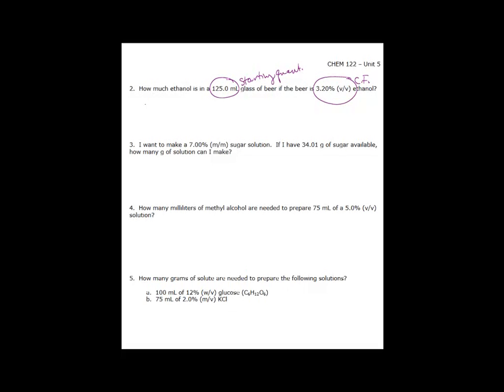So put 125 milliliters of beer over 1, 3.20 milliliters of ethanol over 100 milliliters of beer. For sig fig purposes, we don't take into consideration the 100, so you don't have to worry about that. Milliliters of beer cancels out. We're left with milliliters of ethanol. So you have 3 sig figs, so 4.00 milliliters of ethanol.